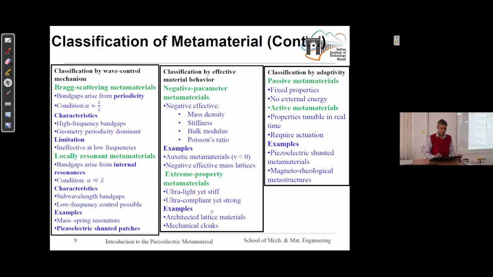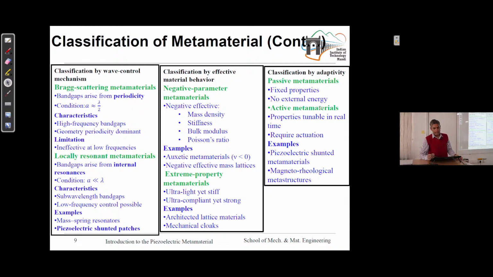You can see examples: architected lattice materials and, say, mechanical clocks. Classification by adaptability: we have passive metamaterials and active metamaterials. In passive metamaterials, we cannot change the properties. Suppose we say rho is equal to 0, for example. Then we cannot change this again when the system is under operation.